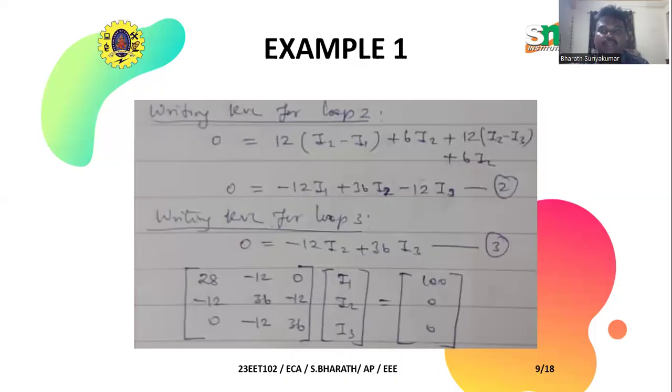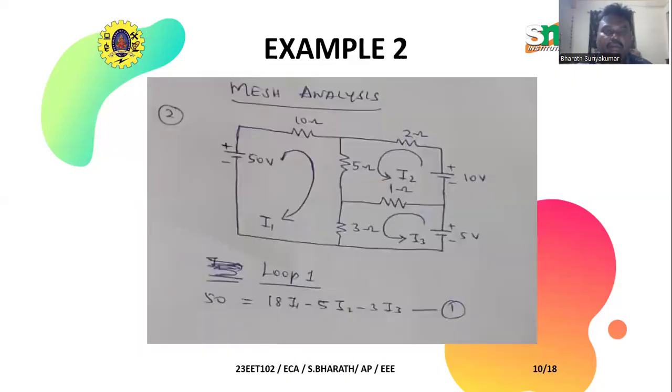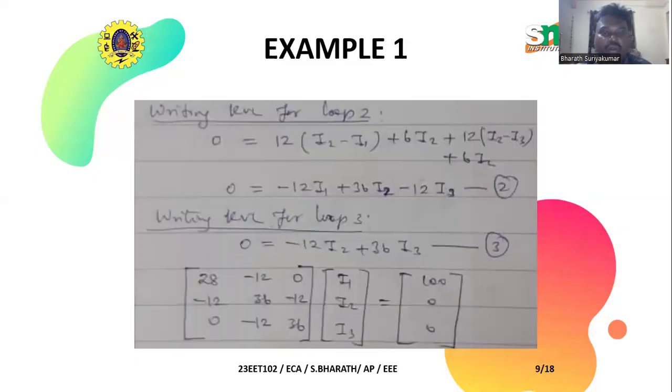Solving these three equations using a matrix formula, we convert them into a matrix: 28, minus 12, 0; minus 12, 36, minus 12; 0, minus 12, 36, times I1, I2, I3, equal to 100, 0, 0. Using Cramer's rule, we can solve this and find the values of I1, I2 and I3 respectively.